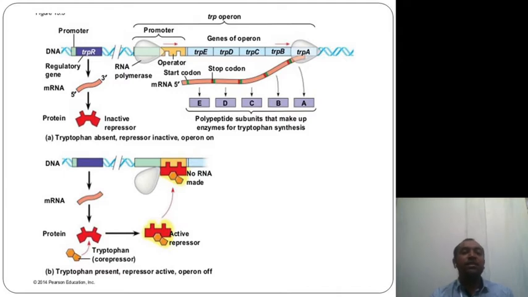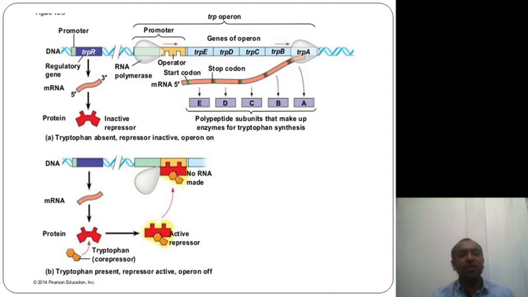Then this messenger RNA will undergo translation to produce a protein, which is an inactive repressor. Please keep that in mind. It is an inactive repressor, and since it is inactive, it cannot bind to the promoter region. Since it cannot bind to the promoter region, the RNA polymerase will come and bind to the promoter region, and this would result in the expression of the structural genes.